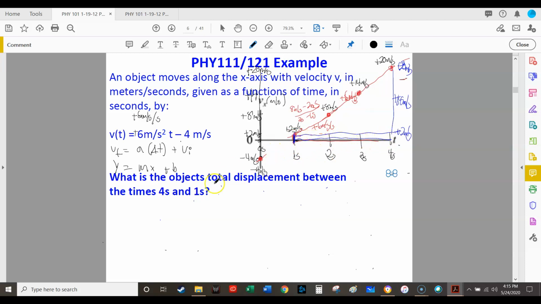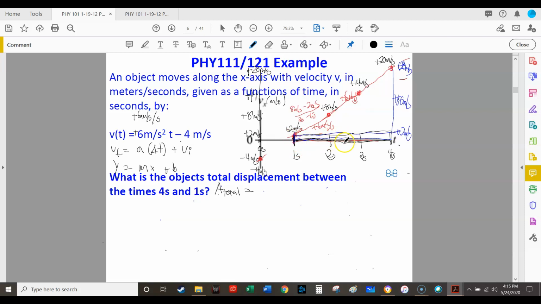Okay, so in a way, to get the total area under the curve, you have to find the area of this black area right here, which is 2 meters per second times 1 second.